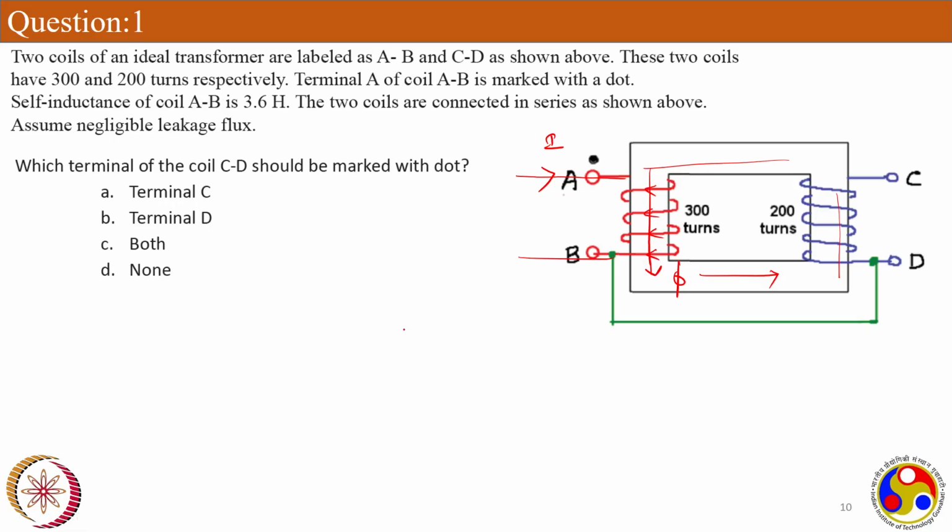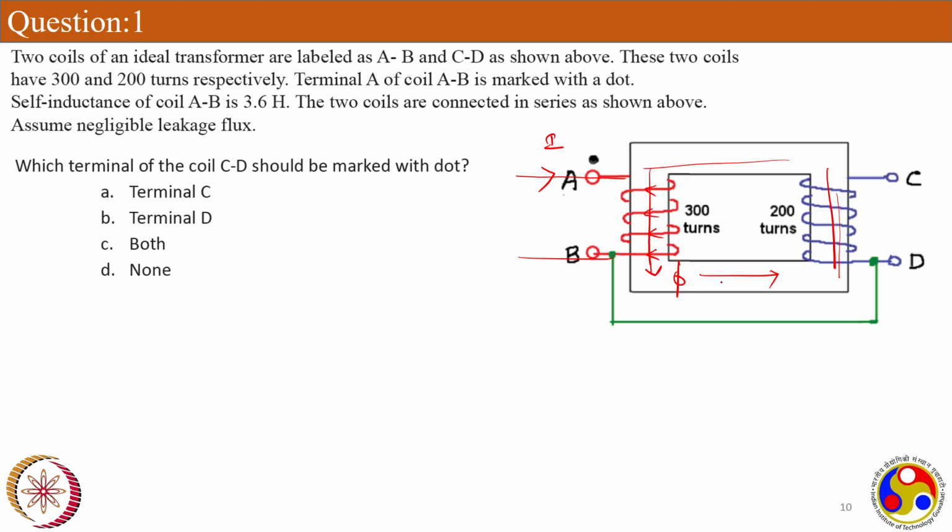Now, if you see the flux, I'm asking a very important question that you have to answer. The flux generated, or the flux responsible for coil 2, should be clockwise or anti-clockwise?